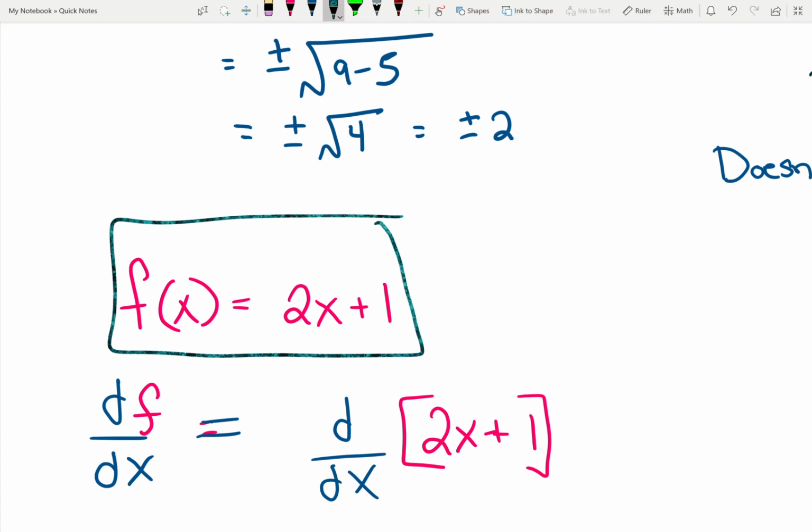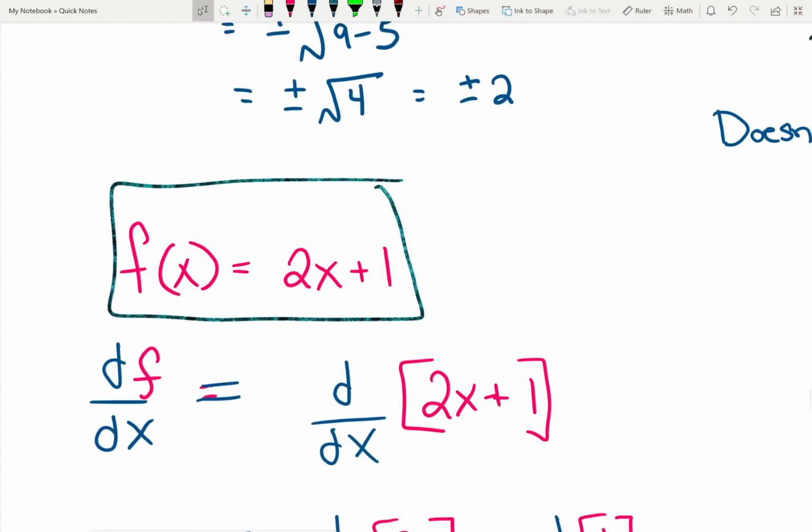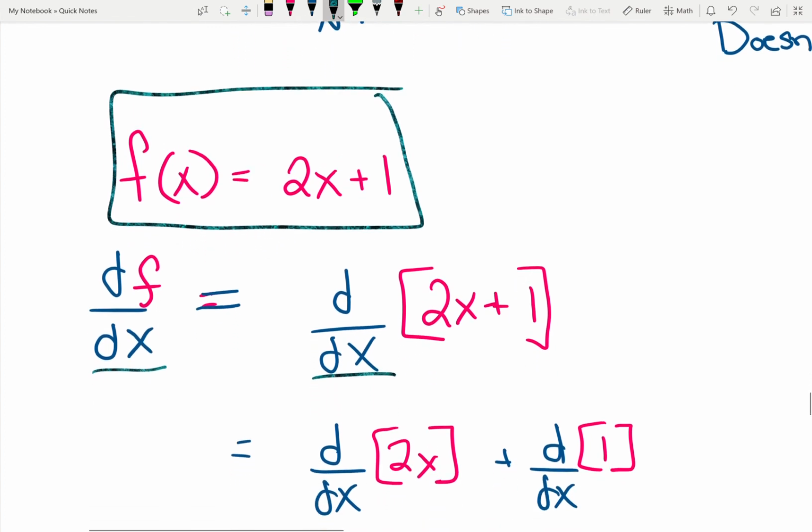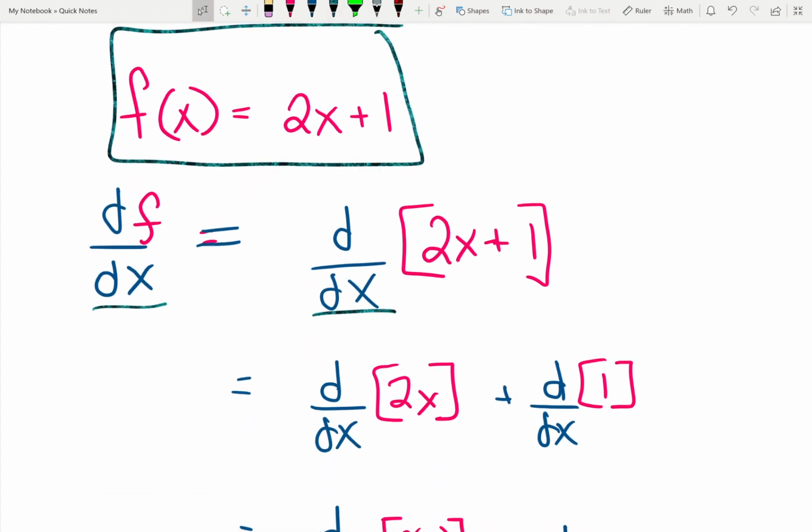So what I do is I attach d dx to both sides. On the right hand side, I distribute this d dx into both of these terms. They're split by a plus sign, so I'm going through both of these terms. So I have d dx of 2x, and then I have d dx of 1.